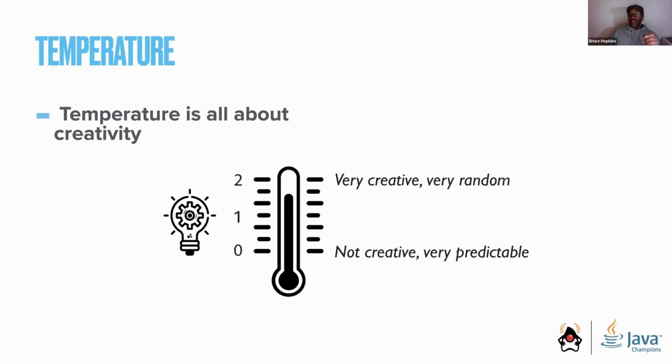If you set it really, really low, which is near 0, you will have very non-creative responses. If you set it really, really high, which is 2, you're going to have very random responses. So you can allow ChatGPT to be a bit more creative depending upon what your use case is.